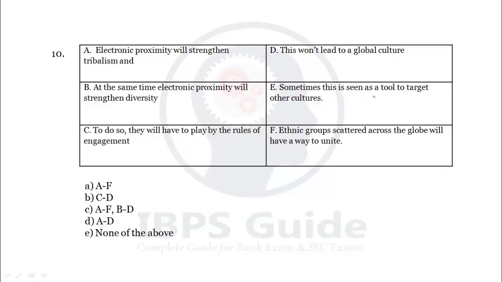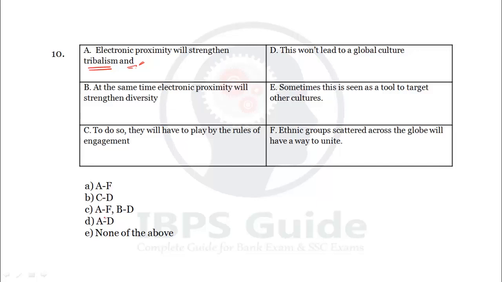Sometimes this is seen as a tool to target our cultures, and ethnic groups scattered across the globe will have a way to unite. So connectors, if it is connector 'and', so definite option: tribalism and ethnic groups. From this point of view, AF is a correct option.